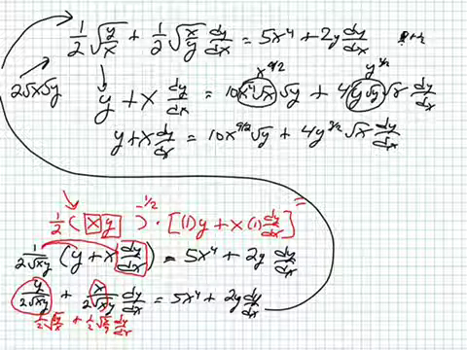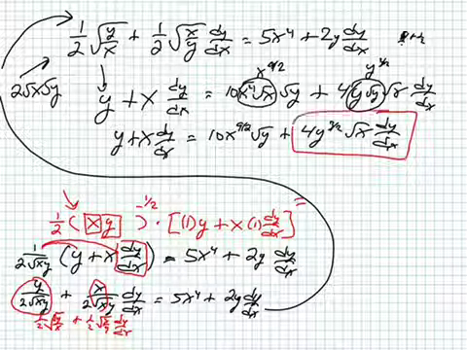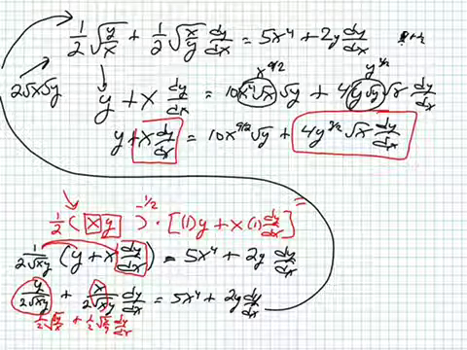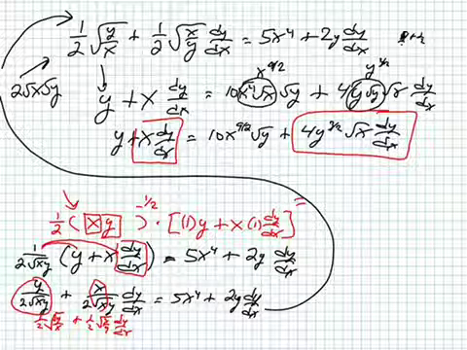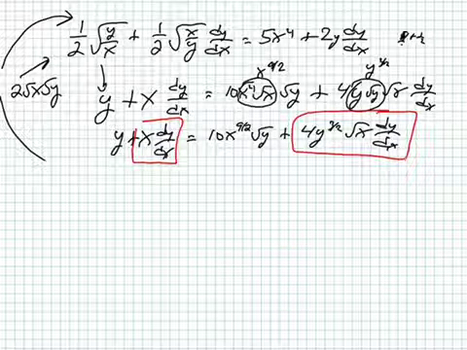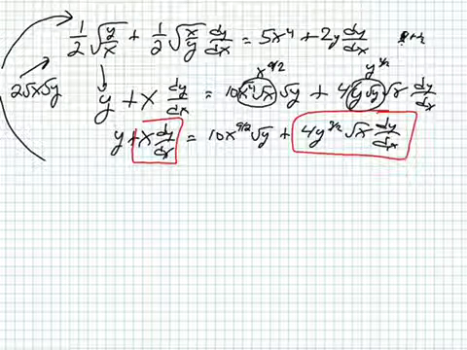Alright, next we want to solve for dy/dx. So everything that's touching a dy/dx we want to get on the left hand side and everything else on the right hand side. So I'm going to erase so we can continue. Unfortunately these are just messy, but they're pretty fun.